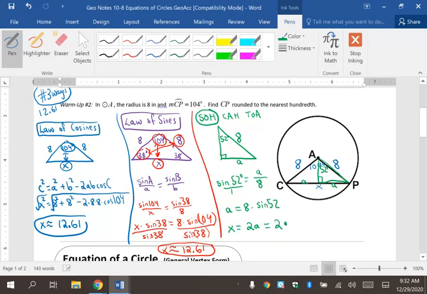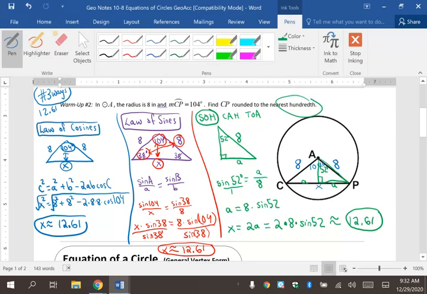So I'll put this in my calculator one time, so it's not going to be rounded until the very end. So 2 times 8 times sine of 52, enter, and again I get 12.608, so we'll round to the nearest hundredth. We get the same answer for 3 methods.